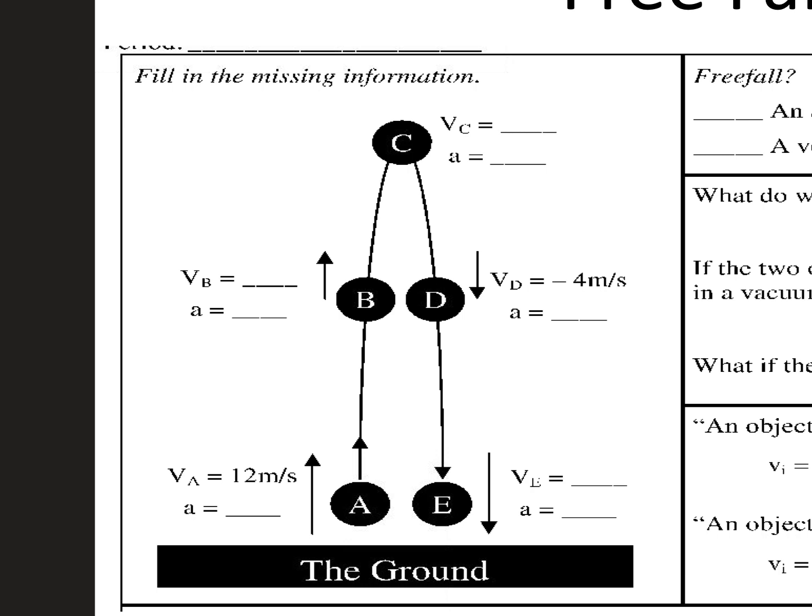All right, welcome back. First thing to note is that gravity acts all the time, okay? So that means the acceleration at each point is going to be negative 10 meters per second squared, even at the top.